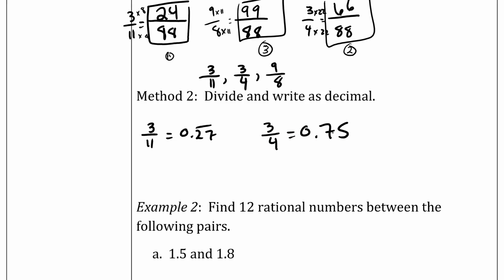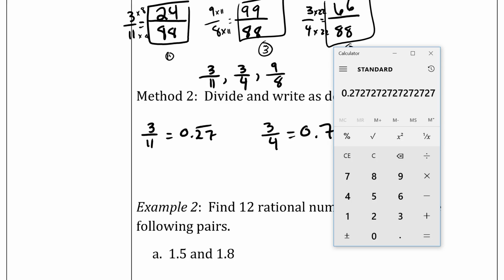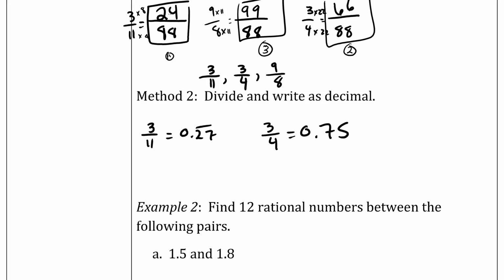I know that from my head because 3/4 is 75 cents over a dollar. And 9 over 8 is going to be 1.125.